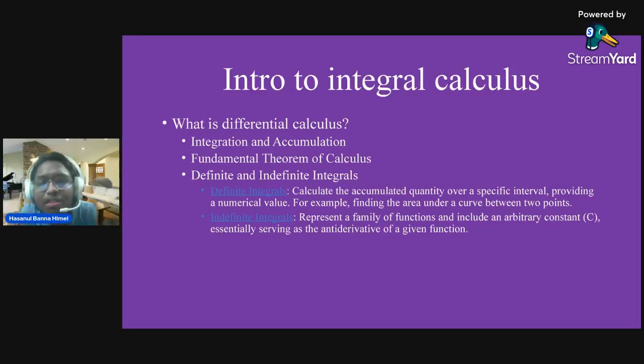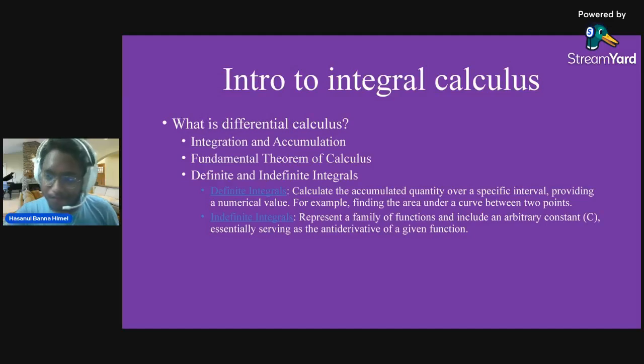In future sessions, we will see what antiderivatives are, what integration is, what differentiation is. We will see some chain rules, some maxima, minima, limits, and many more exciting topics.